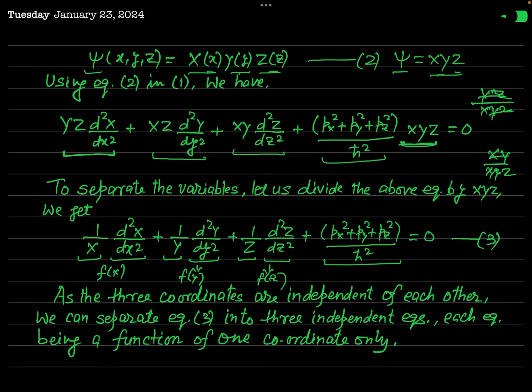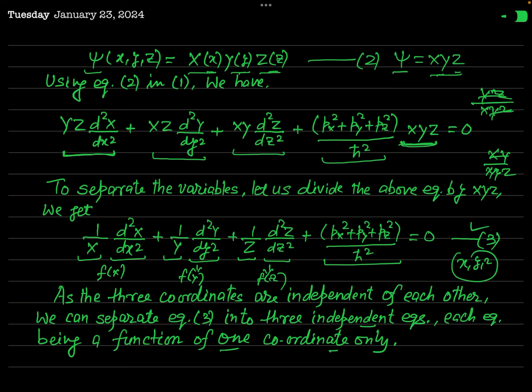So for all values of x, y and z, this equation 3 will hold only when each part of the equation for a particular variable vanishes separately. As the three coordinates are independent of each other, we can separate equation 3 into three independent equations, each being a function of one coordinate only.